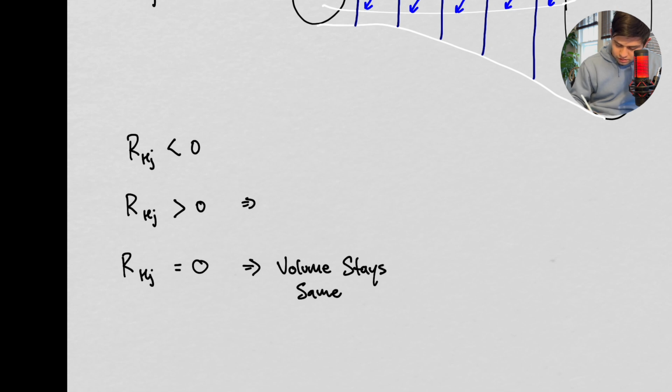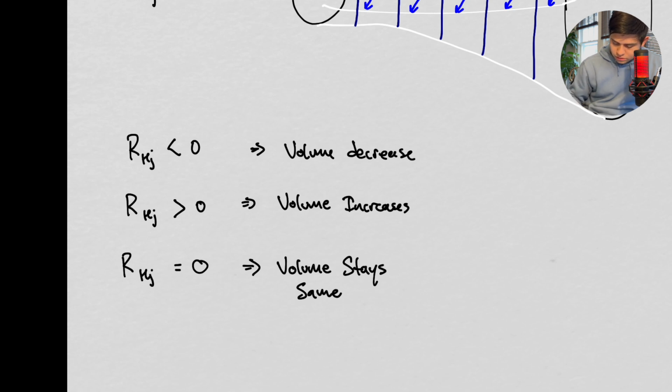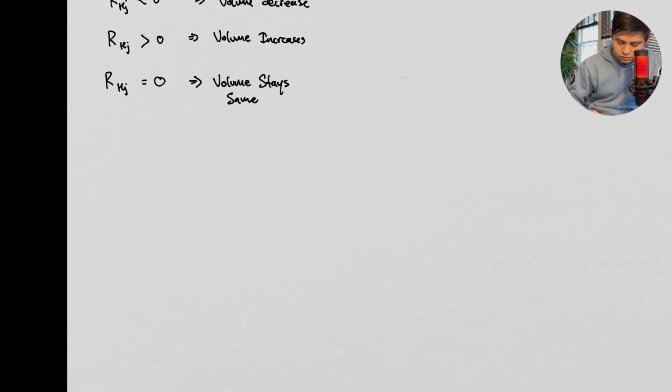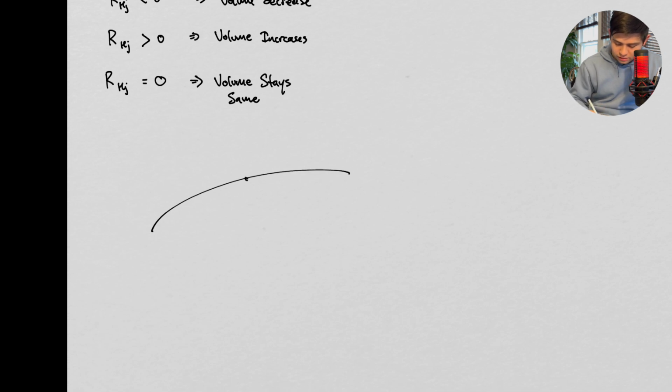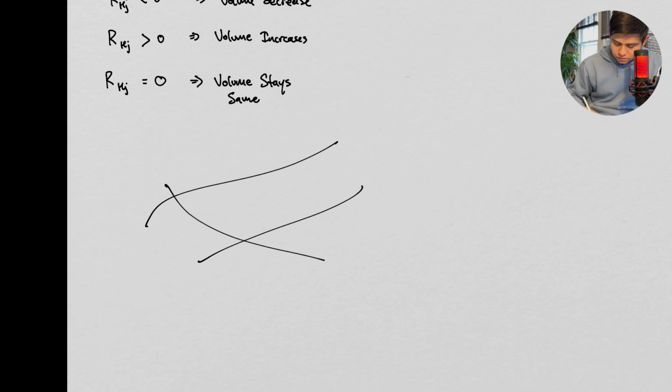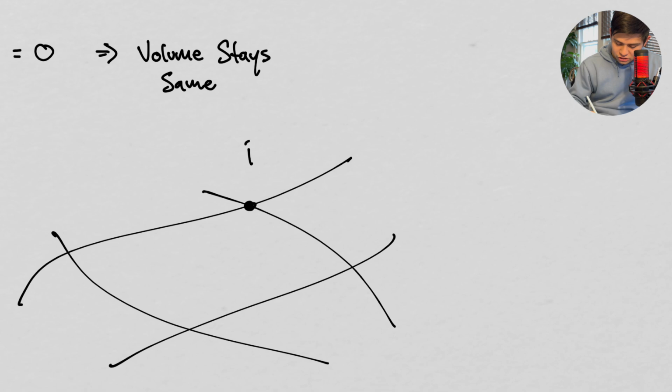In this case, the volume increases. And in this case, the volume decreases. This is all at a point, right? This is all at a point P. So we're standing on some point P on a manifold. So here's our manifold.